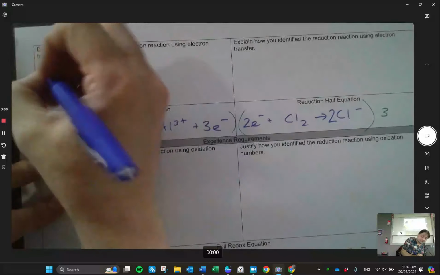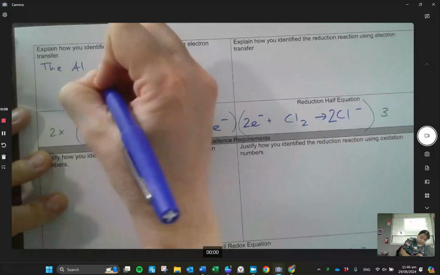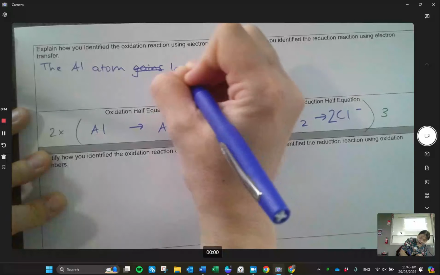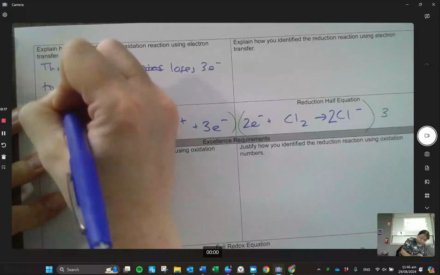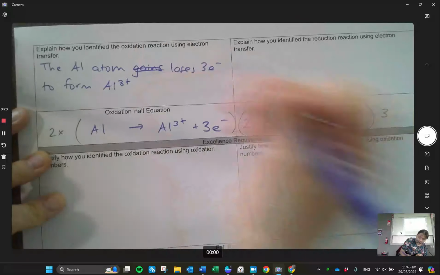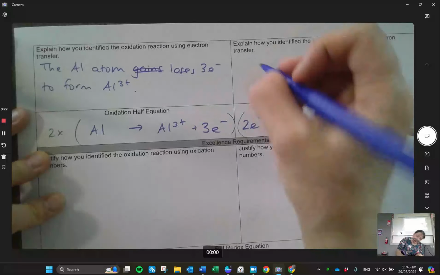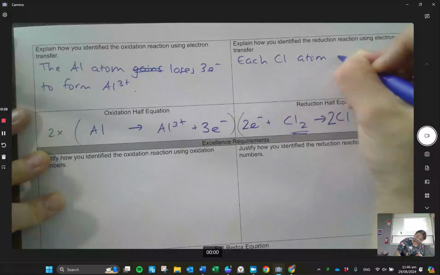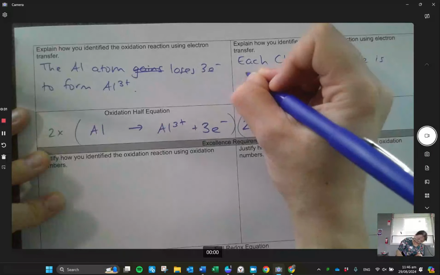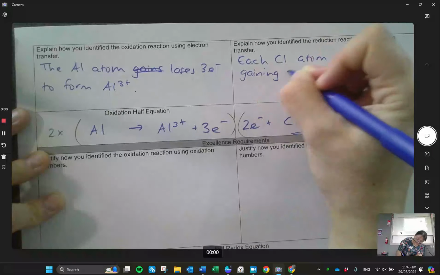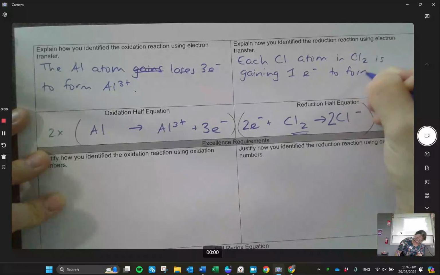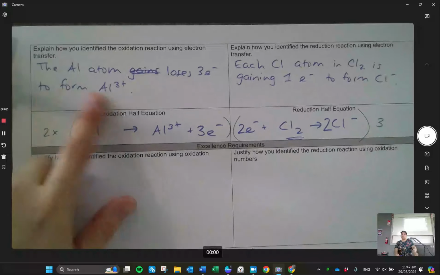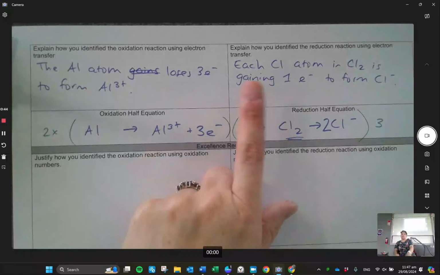So this one is the Al atom loses the electrons to form each. Because we have a molecule, each chlorine atom gains one electron. Only 1 atom there. This one has 2 atoms, but you need to talk about it per 1 atom.